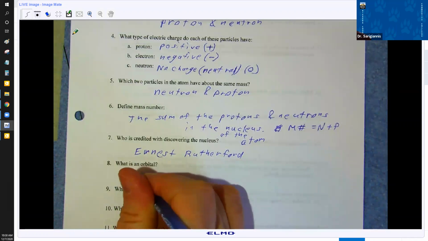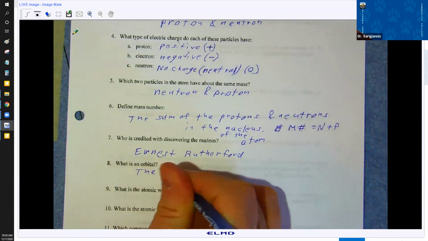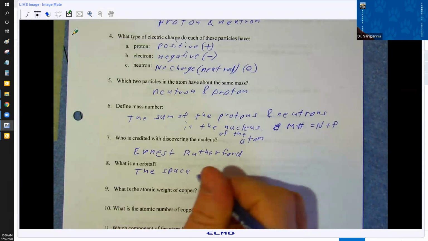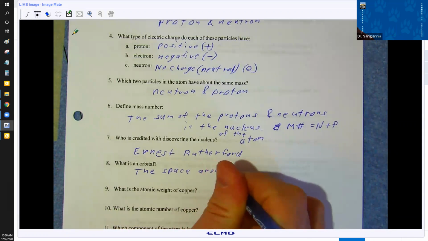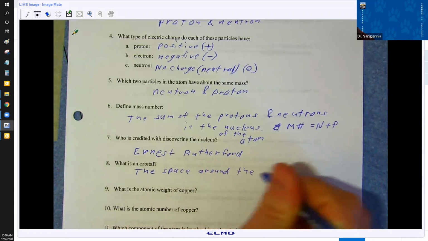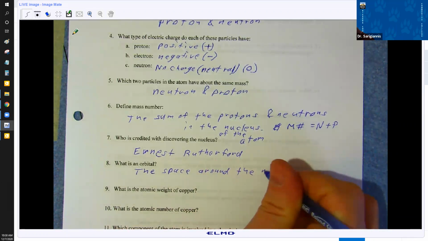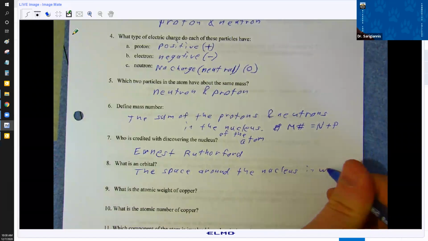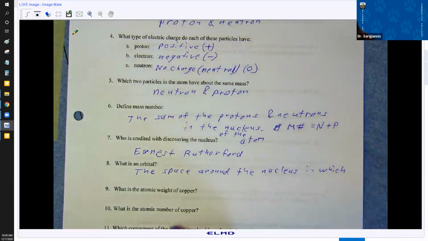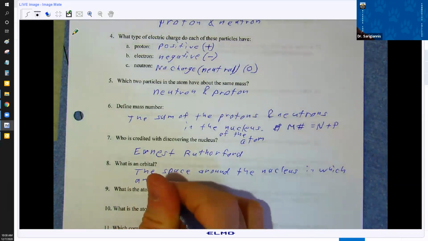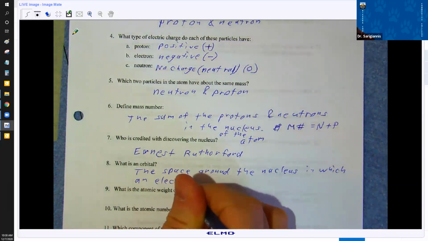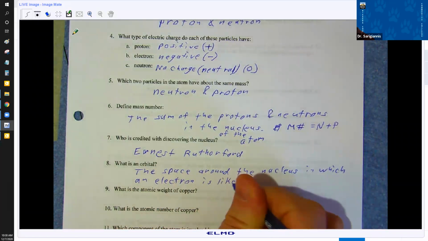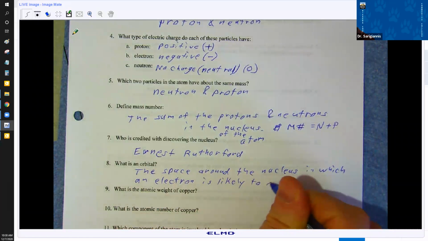An orbital is, in the current model of the atom, the quantum model of the atom, the space around the nucleus in which an electron is likely to be found.